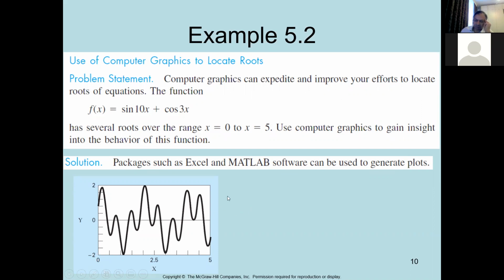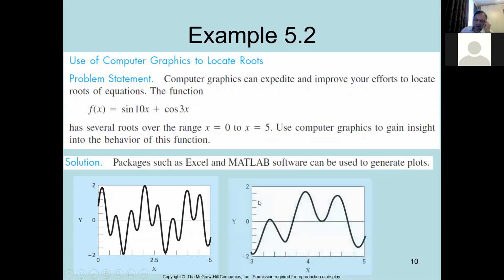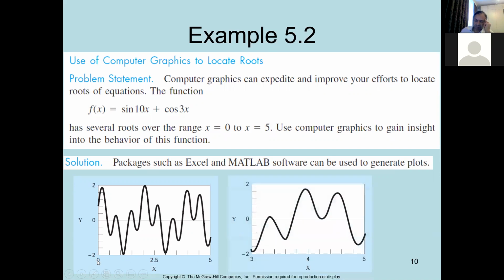For zooming in, we can plot the graph at a narrower range. Previously the plot was graphed from 0 to 5. Now we plot between 3 and 5, and we can see that it still looks like a tangent. Can we zoom further? Yes, we can.